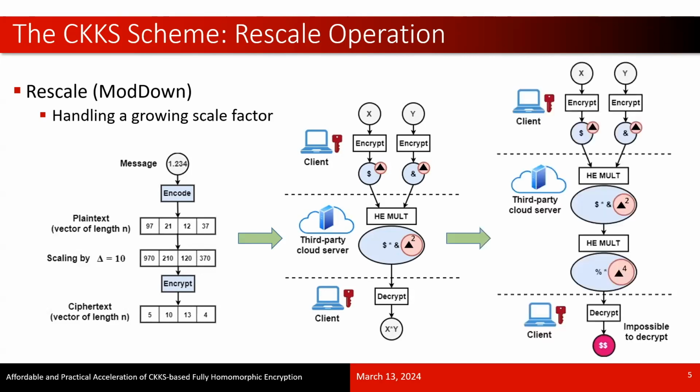However, when we perform subsequent homomorphic operations, the scale factor itself grows beyond control, destroying the underlying message. So rescale is a way to deal with this growing scale factor. By using rescale after each multiplication, we basically divide the ciphertext by delta, so that delta square becomes delta again after each multiplication.